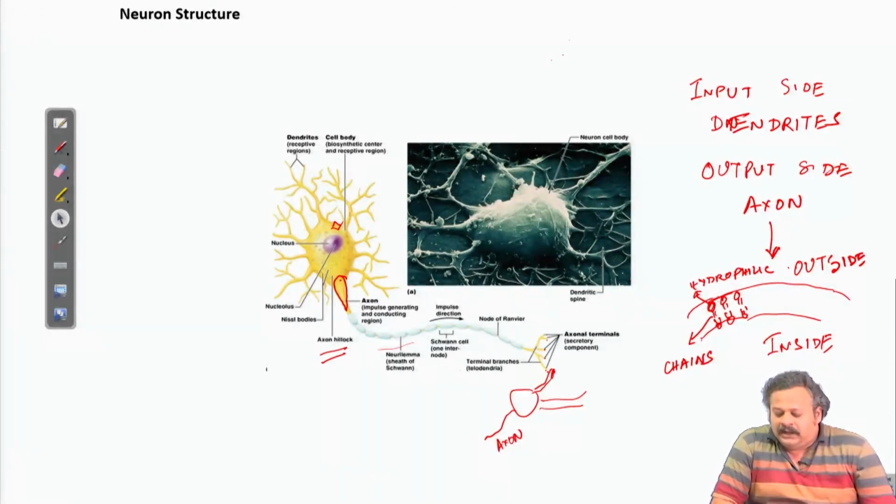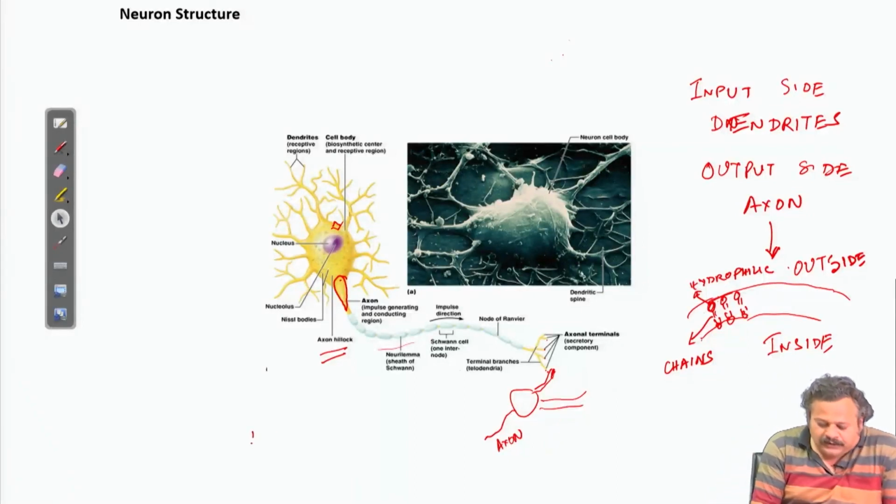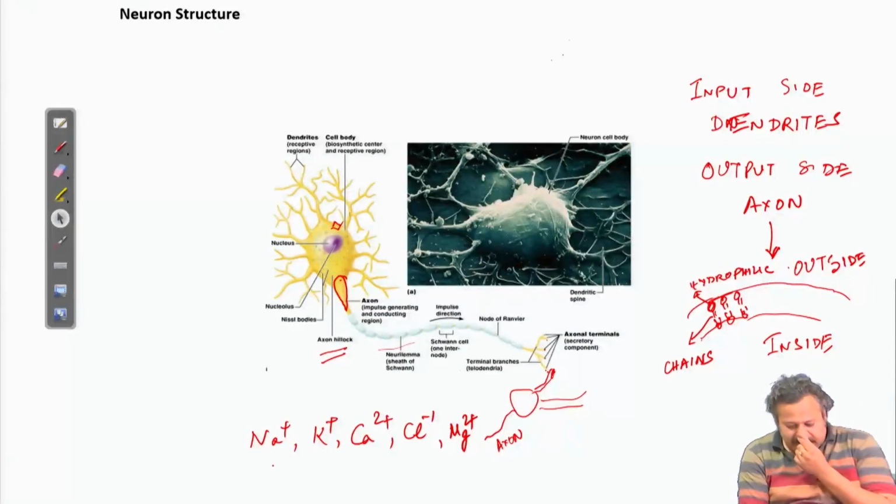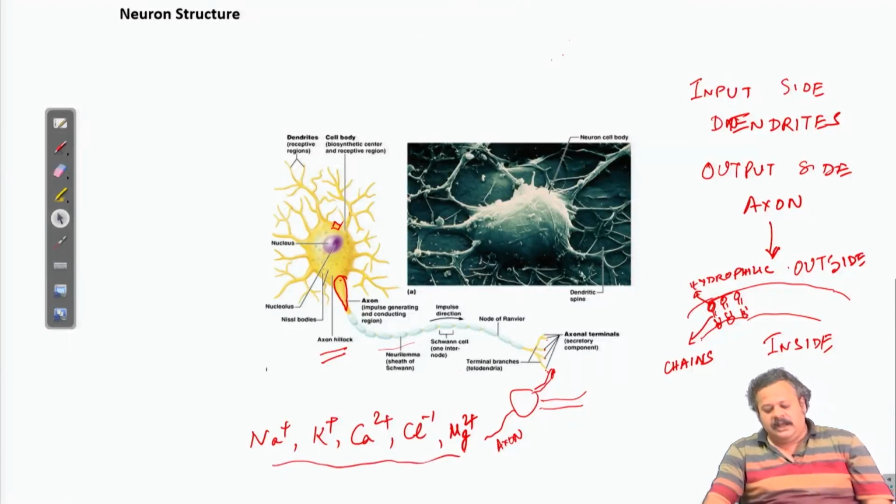So, primarily the ions that are at play are sodium ions, potassium ions, calcium ions, chloride ions, magnesium ions. And there are more, but these are the main players in terms of the function of the neuron, in terms of its electrical properties.